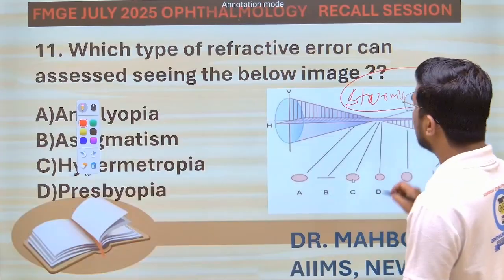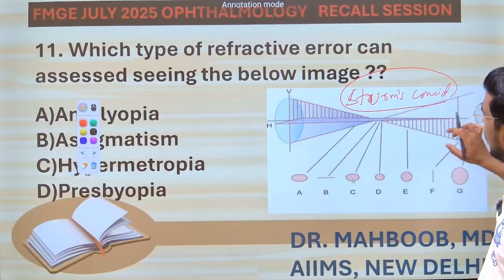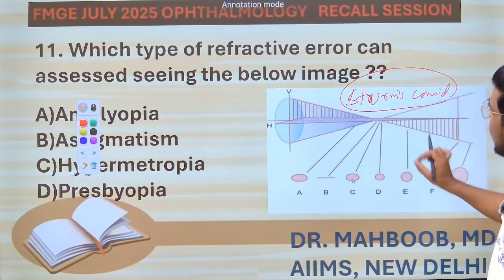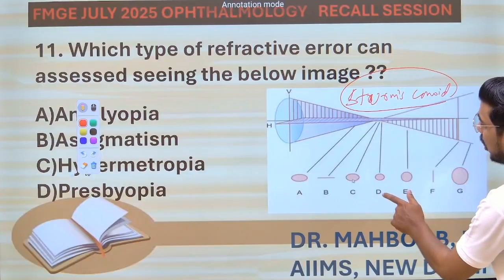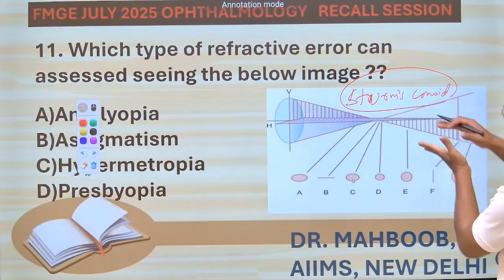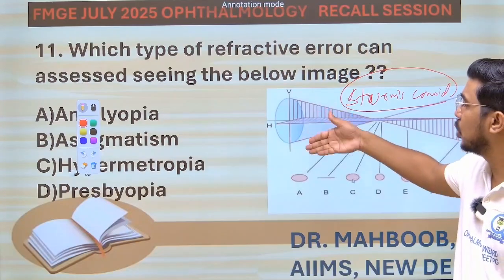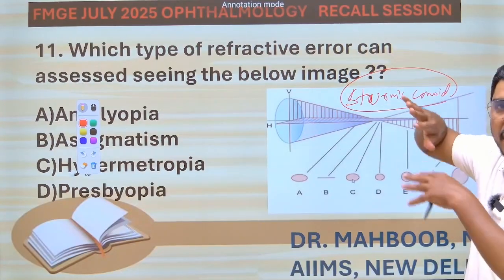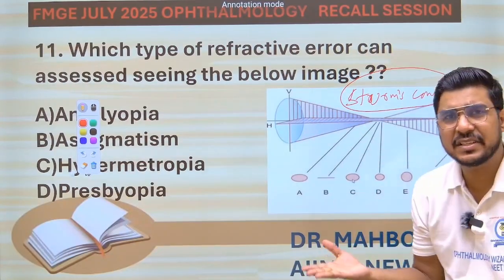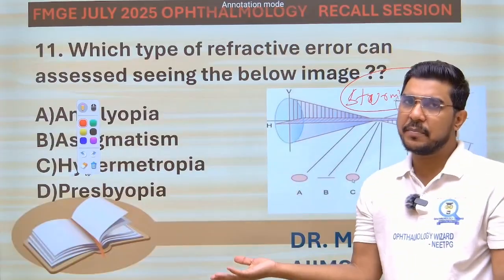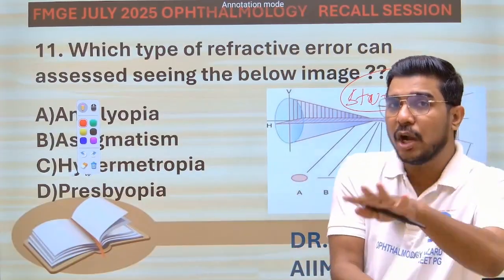Actually, these are vertical rays of light and horizontal rays of light intersecting at one point and then again diverging. So this is the Sturm's conoid. Since there are two different light rays, vertical and horizontal, it itself says they are two different meridians, and the patient has astigmatism.